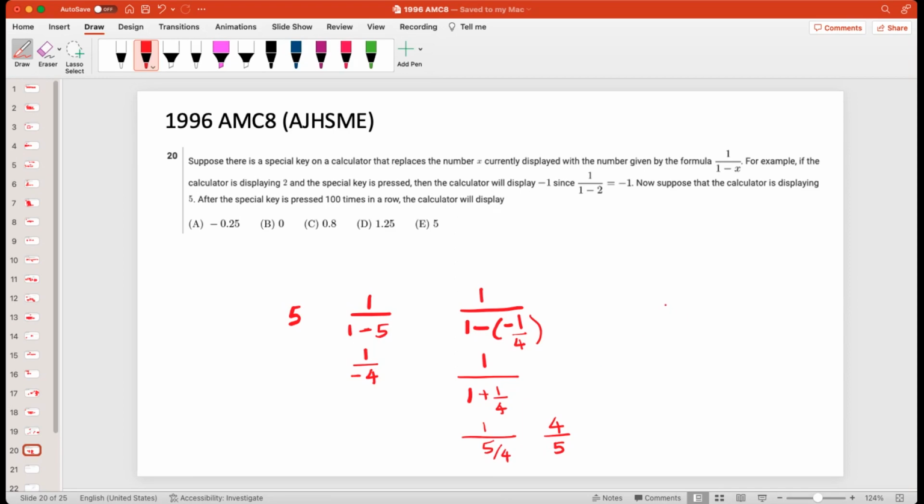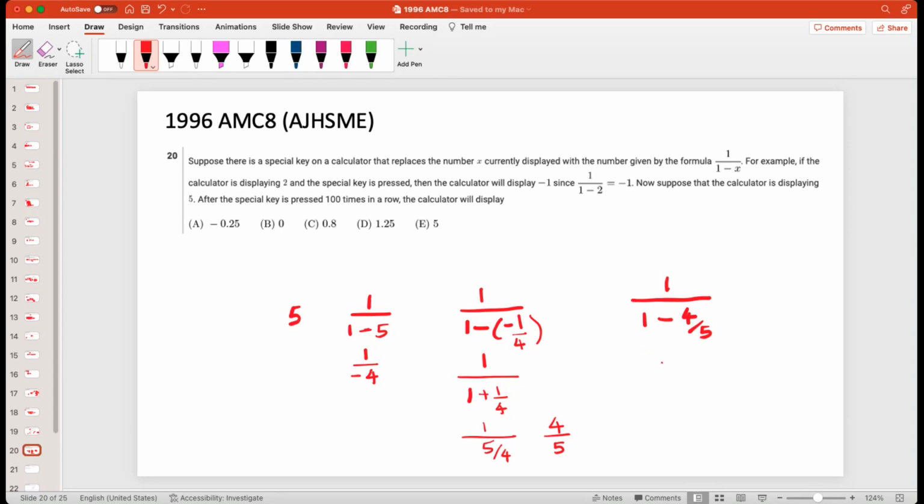Okay, let's do one more press. So now the answer is showing 4 by 5. So I'm going to do 1 by 1 minus 4 by 5, correct?